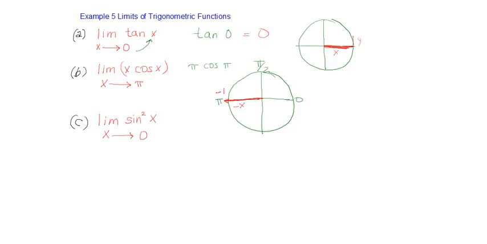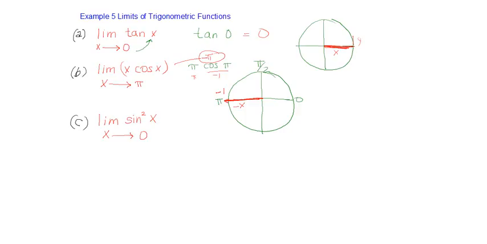The hypotenuse and the x side overlap each other, so it's going to be minus 1 over 1. Okay, so that's the cosine of x, so minus 1. And then pi is pi. So the answer for this one would be negative pi.